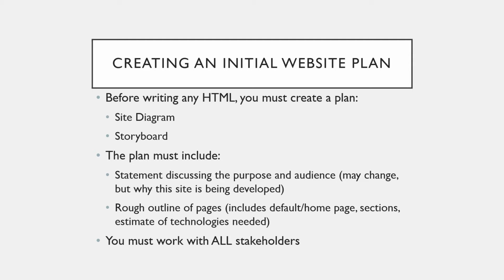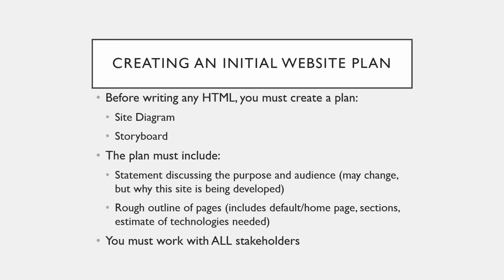You want to have a rough outline of the pages. This could be as simple as listing, or you could draw out each individual page. Those of you who had me in the year past, you may remember how I had you sketch out what your page would look like, and that's kind of what this process is. You want to make sure you include your default or home page, your sections, and an estimate of the technologies needed.